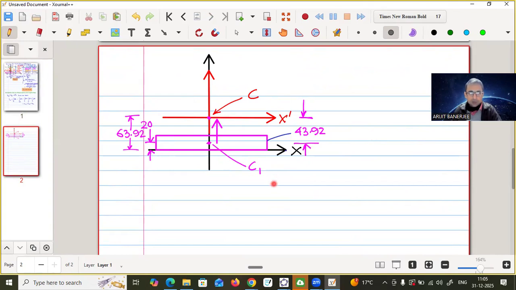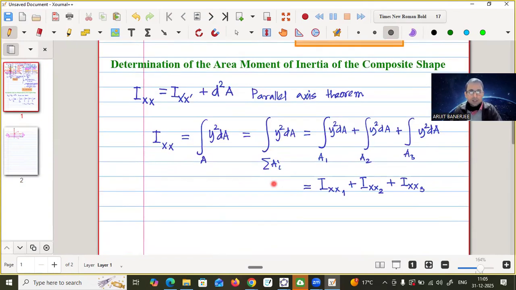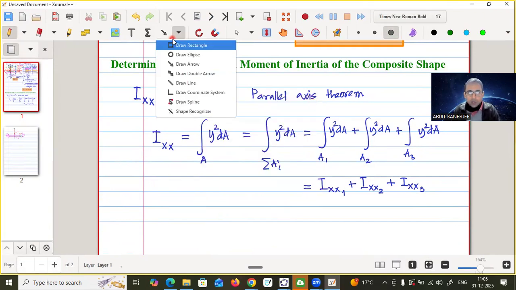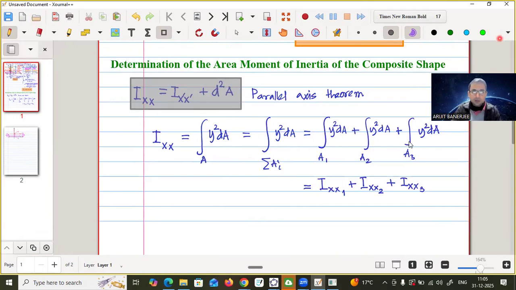So we have to first move from C1 to C. We will apply the parallel axis theorem for this shape. First, we have to understand this.